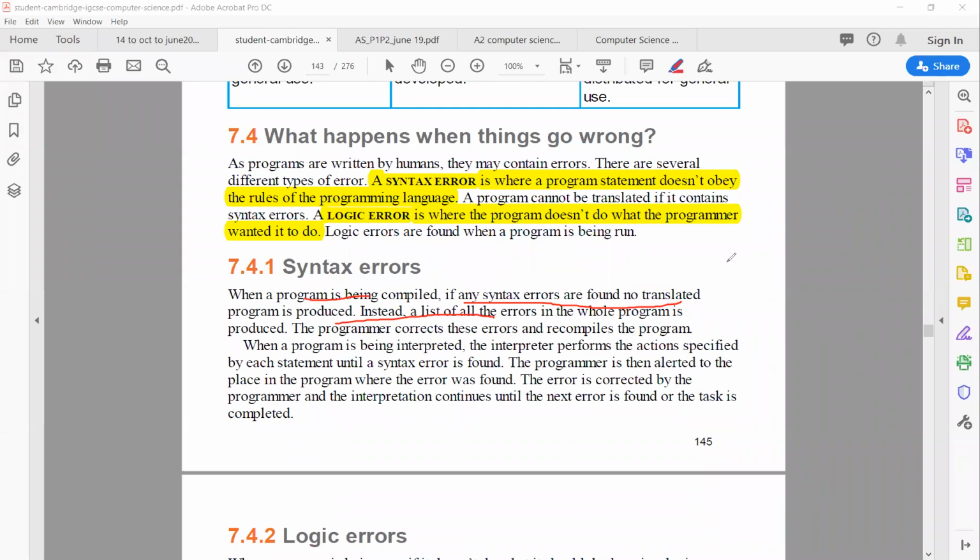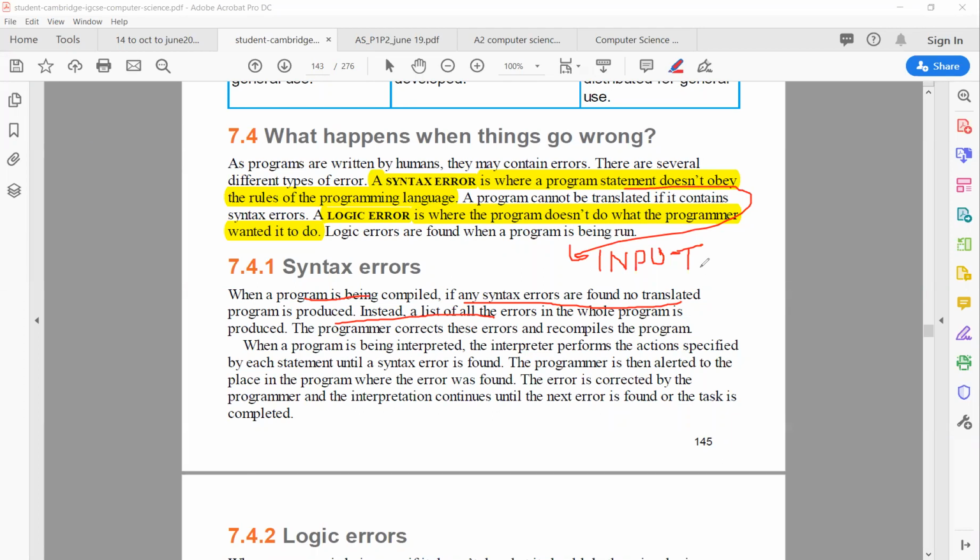Okay, a syntax error is where a program statement doesn't obey the rules of a programming language. What does that mean? For example, in a certain high-level language, you wanted to input a certain value, and you were supposed to write input.